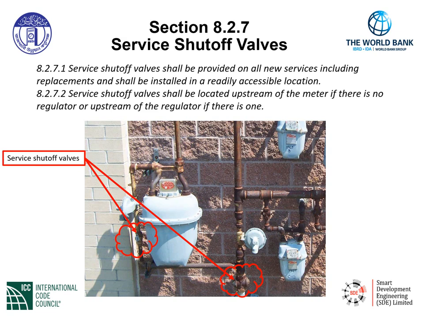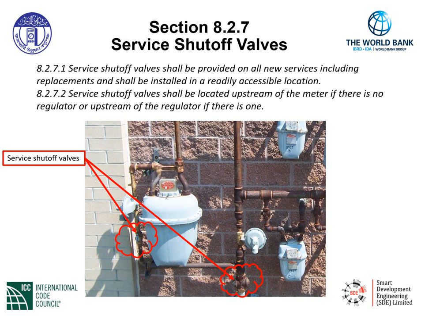Now, section 8.2.7.2 tells us that the service shutoff valves need to be located upstream of the meter if there is no regulator, or upstream of the regulator if there is one. We have a regulator installed at the meter, the large meter that you can see on the left-hand side.